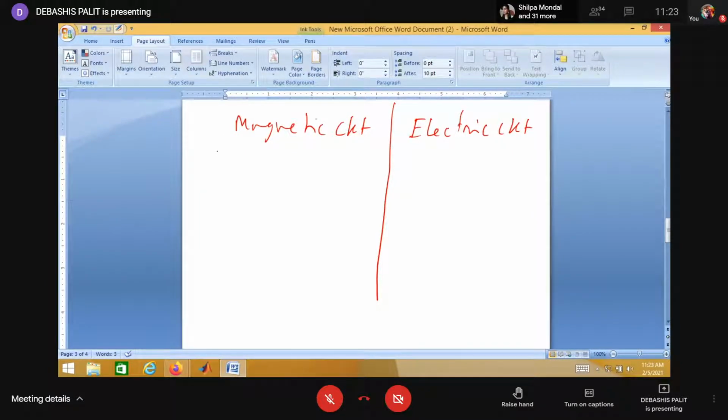But it is a perpetual thinking that flux is flowing to create a magnetic field. Current always actually flows, but flux does not actually flow. This is point number 1.